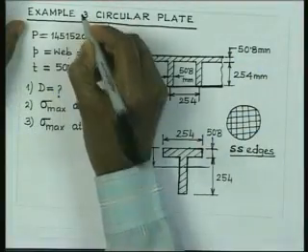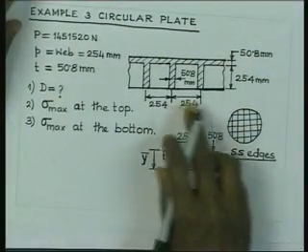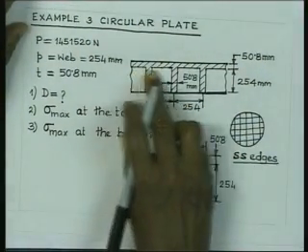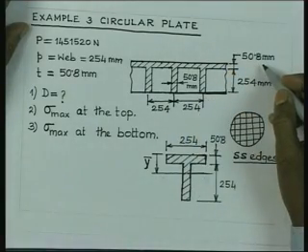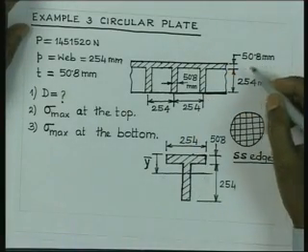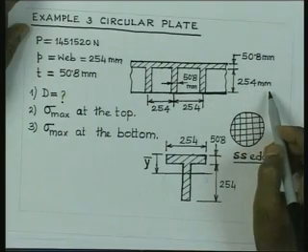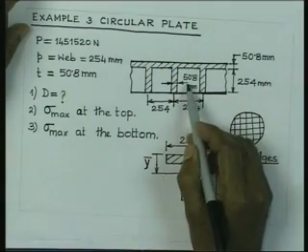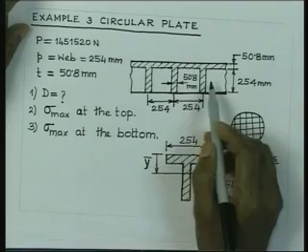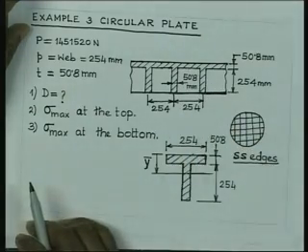So, if we look into this problem, what you have is a plate of thickness 50.8 millimeter, and then we have a grillage of height 250 millimeter and thickness equal to 50.8 millimeters, and this pitch is 254 millimeter.